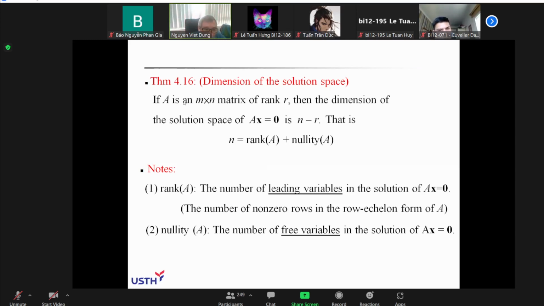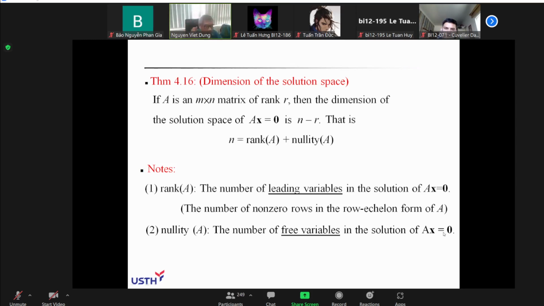Given a matrix A, the rank of A is the number of leading variables, or the number of leading ones appearing in solving the system Ax = 0. That is the number of non-zero rows in the row echelon form of A. And the nullity of A is the number of free variables in solving the system Ax = 0.